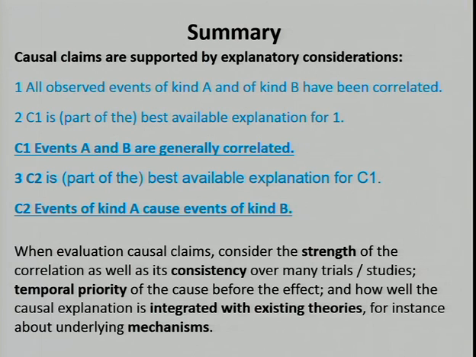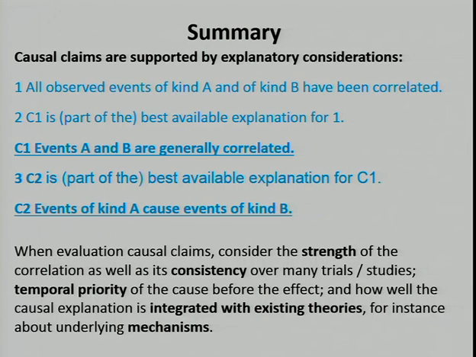So to sum up and wrap up for today, we have explanatory considerations that come into play. Does the causal connection best explain observed and, from there, inferred claims about general correlation? If yes, then that looks good for the causal claim. It's not guaranteed, and that's not something we should expect.